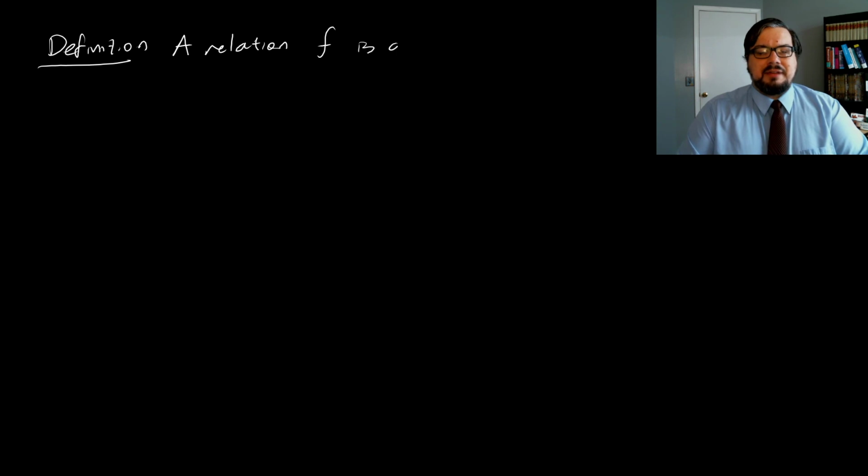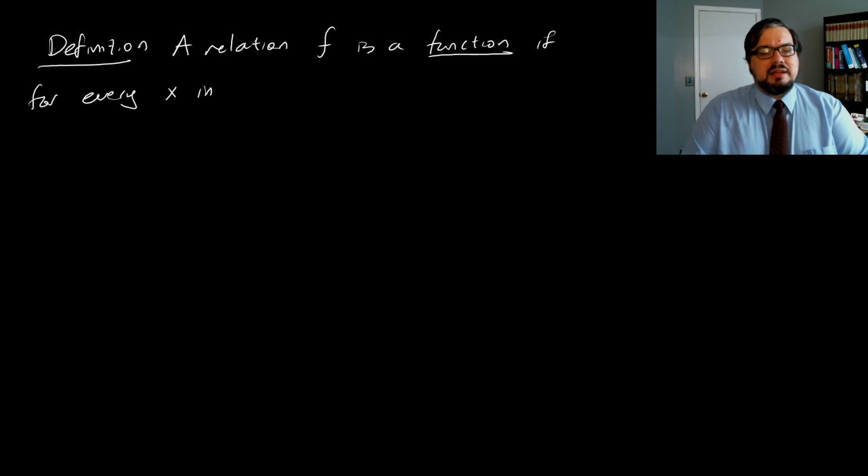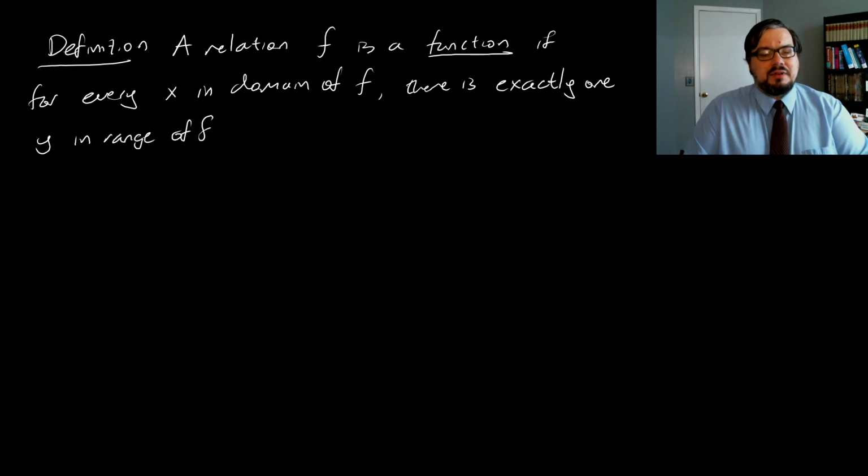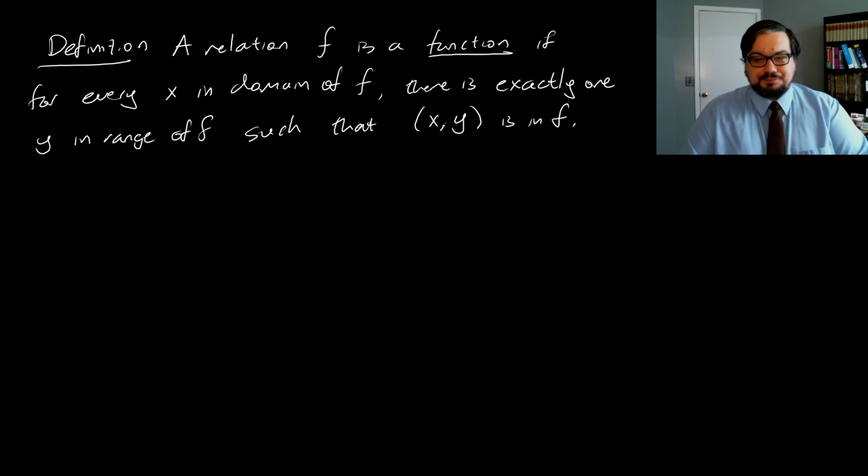A relation f is a function if for every x in the domain of f, there is exactly one y in the range of f such that x comma y is in f.